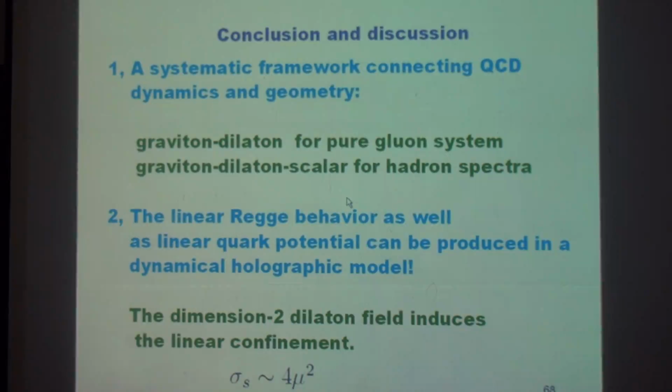Okay. So basically, I think this work is in some sense a kind of systematic framework that we can connect the QCD dynamics at IR to the geometry. And this framework actually works quite well. Basically, in a sense, we did nothing.